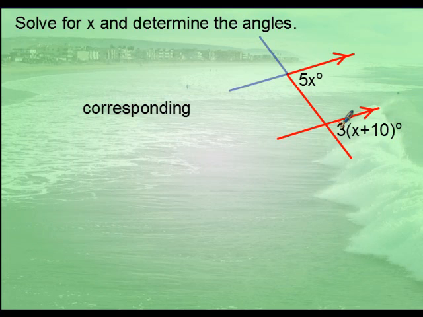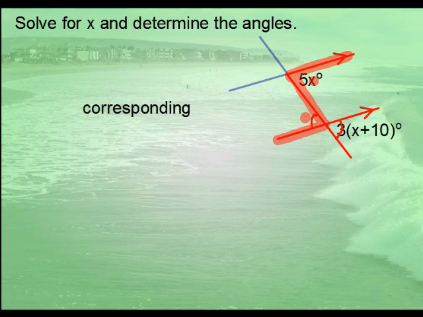You could also figure this out knowing that this angle here and this angle here are vertical angles, and this angle and this angle here form a Z shape, which makes them alternate interior angles, which again tells us they're equal.